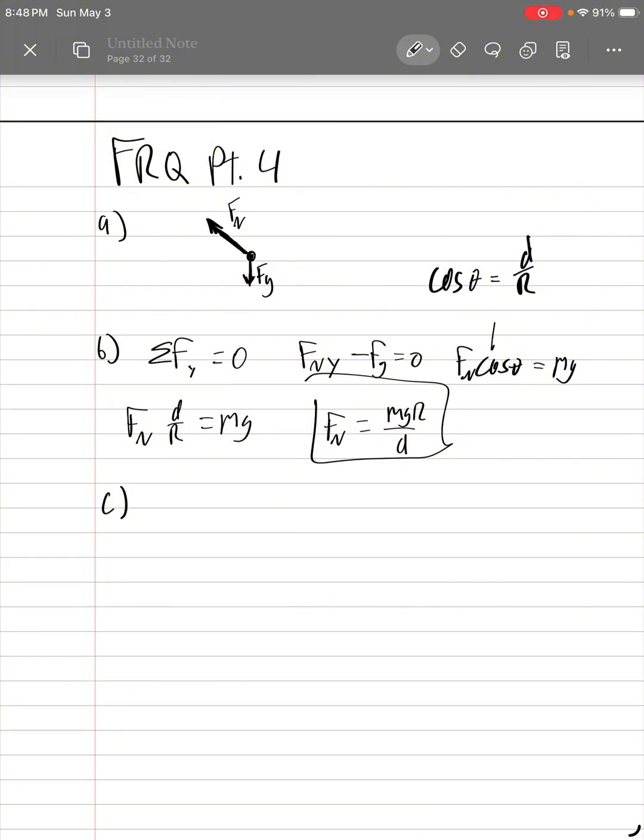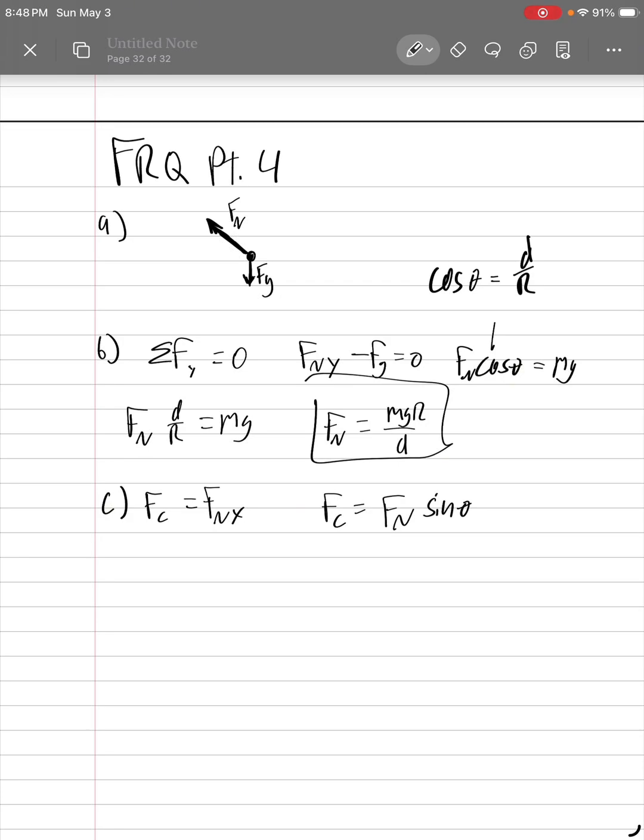All right, so for part C, we're just going to start with Fc is equal to Fnx. And so we can take that and put Fc is now equal to Fn sine theta, which is just Fnx.